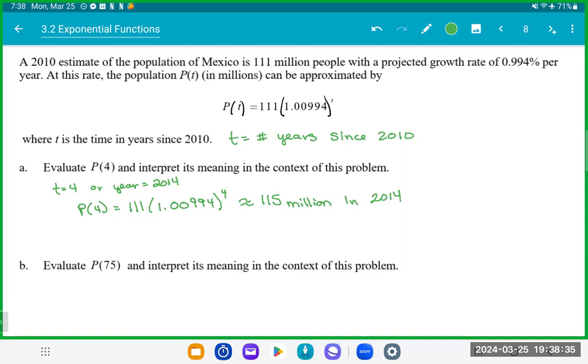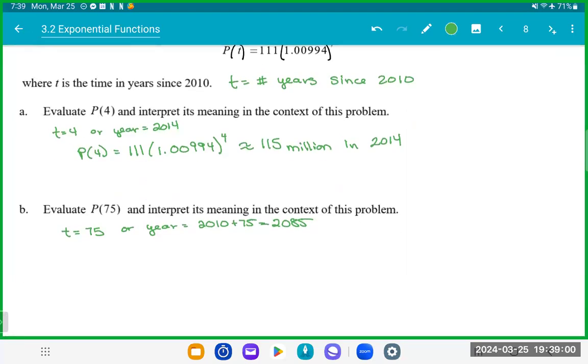Okay. So what if I wanted to look at P equals 75? So T equaling 75. Well, 75 or our year equals their 2010 plus 75. So that is our year is 2085.